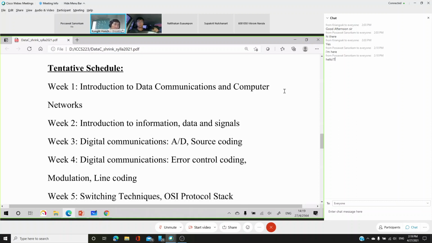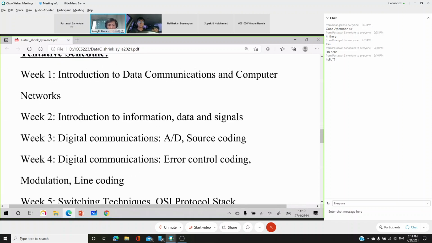Okay, they are not the same. Within the data, you have information. Not all data are information. And the signal would be something that carries your data, carries the information to the destination.